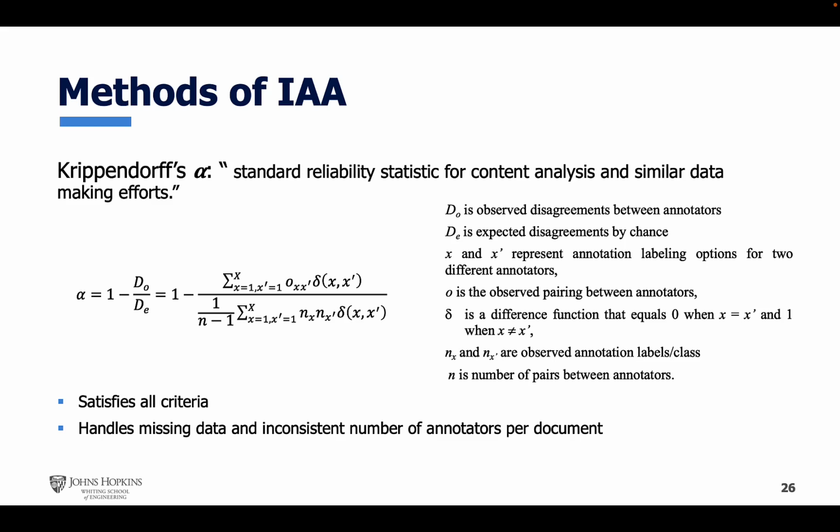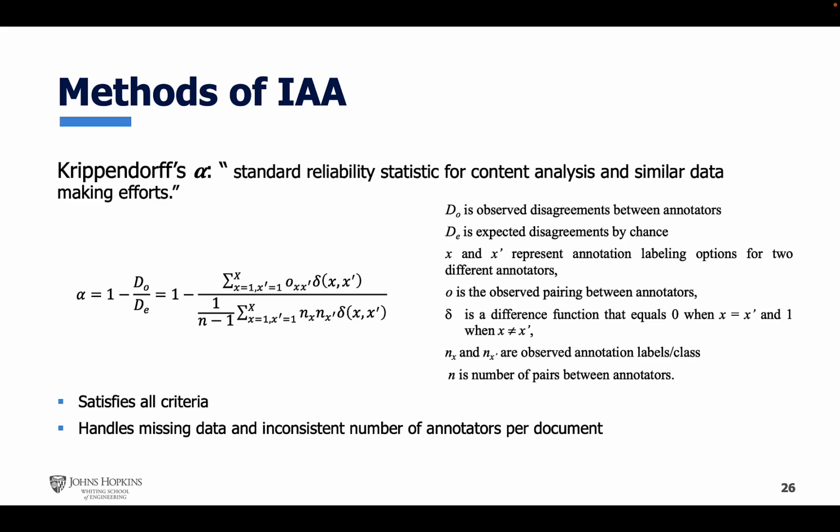It's not included. Also, if there's an inconsistent number of annotators per document, so let's say one document has 2 annotators, another one has 4 or 5, right? That doesn't penalize or make it incomplete. A lot of these other ones would require the same number of annotators per document. This can have an inconsistent number of annotators per document, and you can still measure inter-annotator agreement.